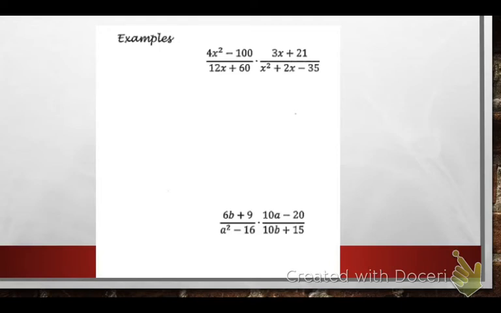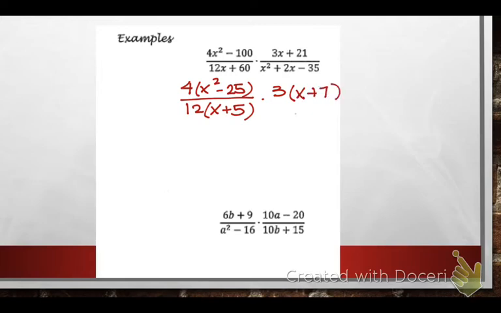So for the first one, we can factor out a 4, and we would get x squared minus 25 over 12 times x plus 5, times, factor out your GCF of 3, and you're left with x plus 7. And then for the trinomial in the denominator, we want something that multiplies to give us negative 35.